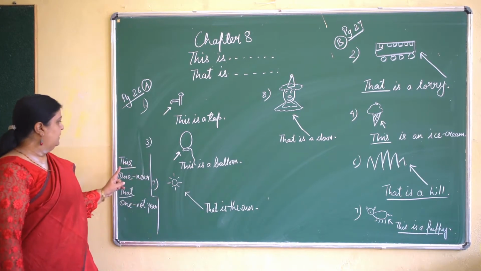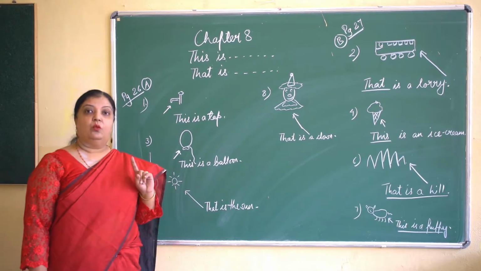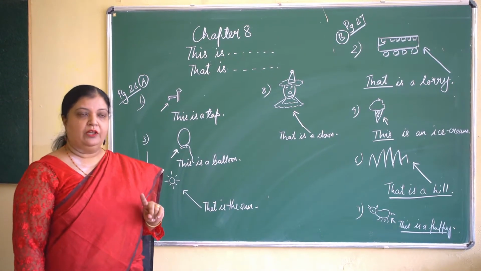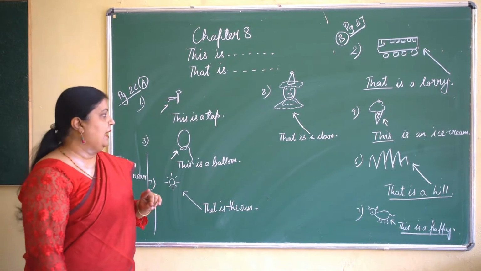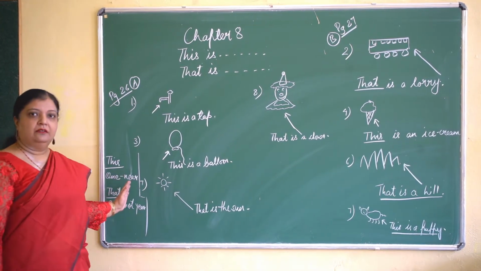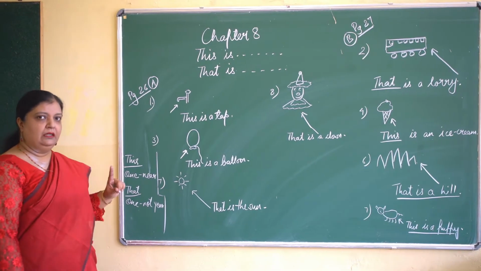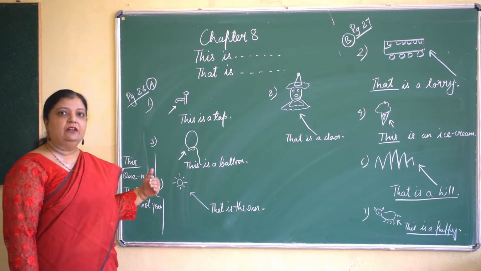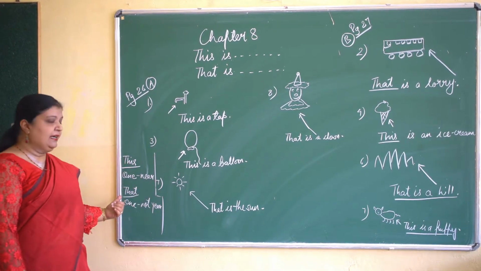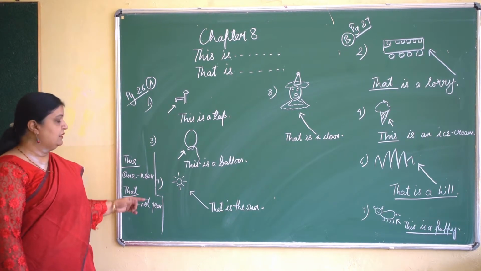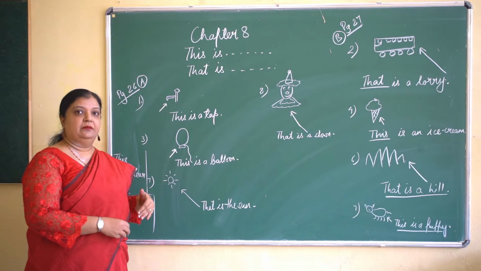Now, children, "this" is used for one thing, one person, one animal, etc. For a single thing and for near objects. "That" is used for one, but for things which are not near.